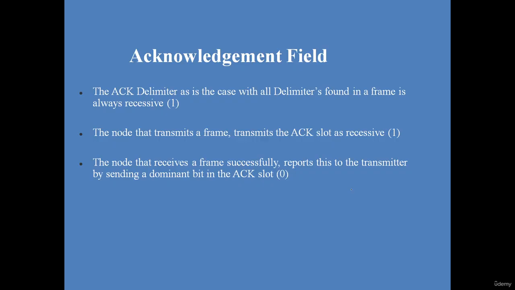The node that transmits a frame sends the ACK slot as recessive, so for the transmitting node the ACK slot would be 1. The node that receives a frame successfully reports this to the transmitter by sending a dominant bit, 0, in the ACK slot. So in the case of the transmitter, the ACK slot is 1. In the case of the receiver, the ACK slot is 0. And the delimiter, as we know, is always 1.